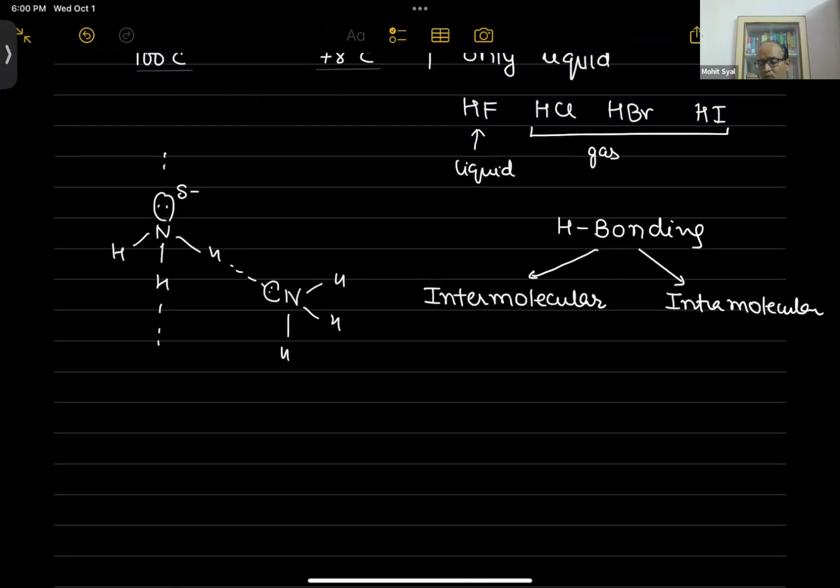Intermolecular is between two molecules, and intra means within a single molecule.